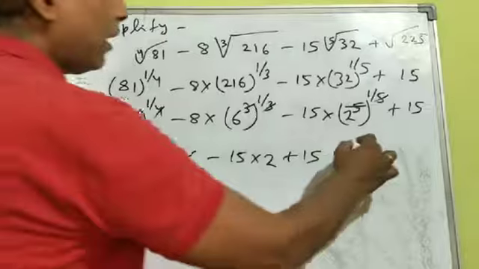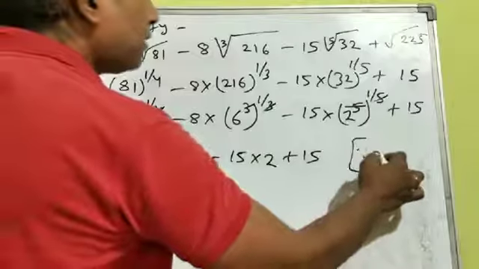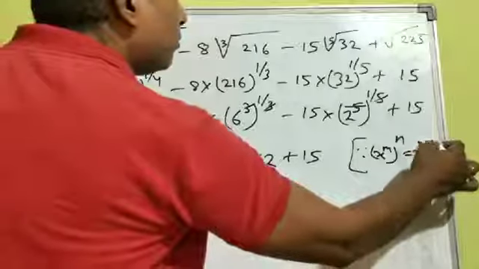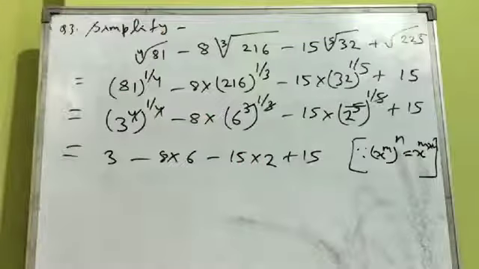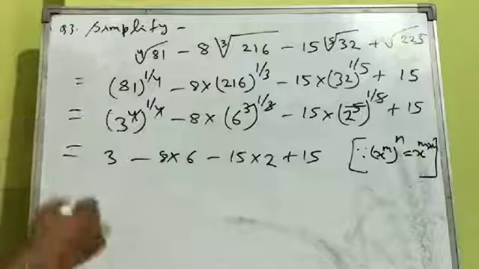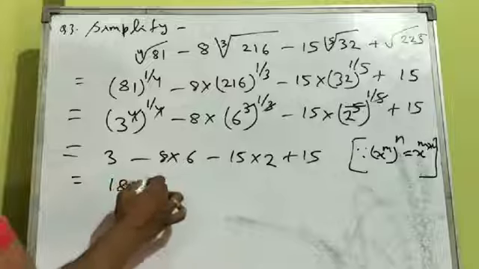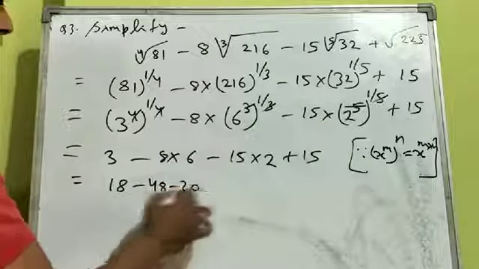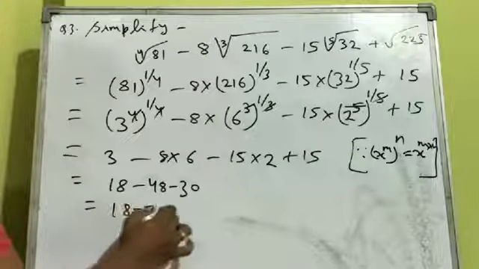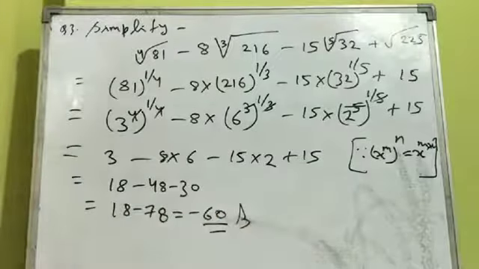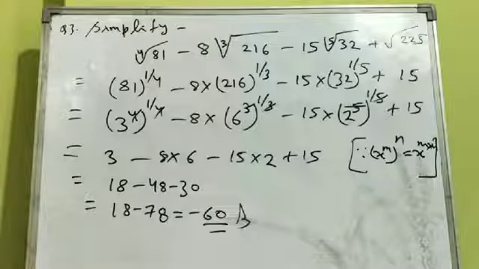Here we have applied x^m to the power n equal to x^(mn), this law of exponents. So now it is 3 + 15, 18, minus 48, minus 30, equal to 18 minus 78, equal to −60 is the answer. Okay, so this type of problem you have to solve from the exercise and other reference books also.